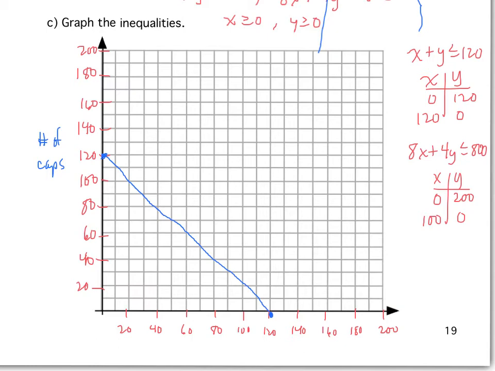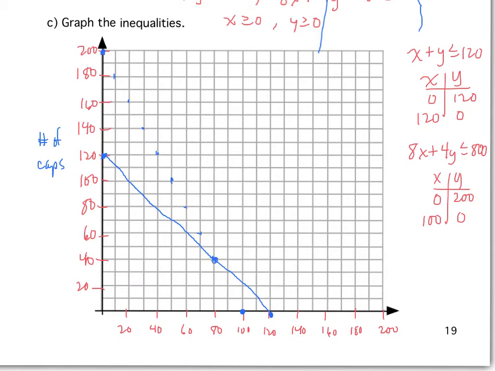When I go to graph the second one, I have an x-intercept occurring at 100, a y-intercept occurring at 200. I'm going down 200 over 100, which means it's down 2 over 1. So I have the following points that I can look at.